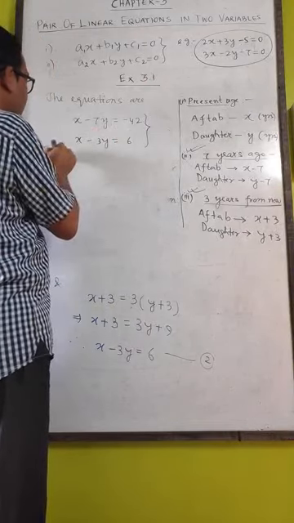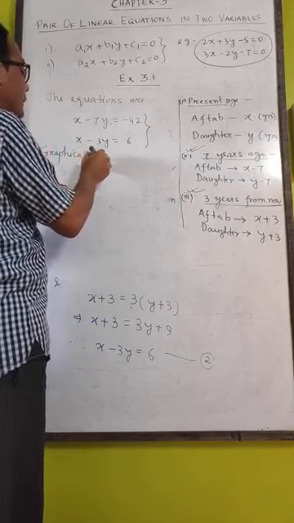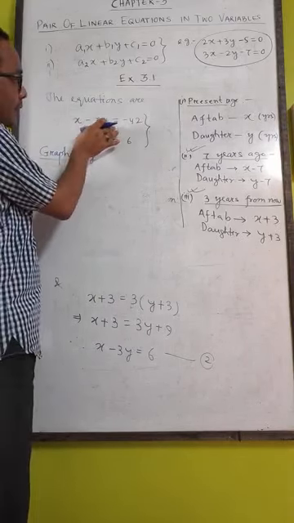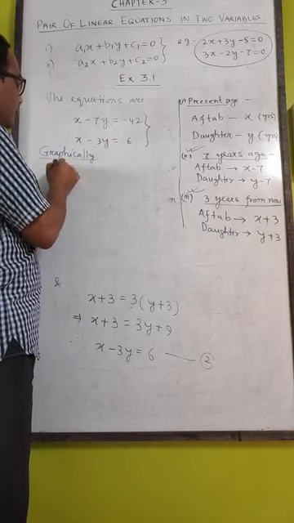Next, let's go for graphical solution. Graphically, after getting these 2 linear equations in 2 variables, let us draw the graph of the first and let us draw the graph of the second. Now, equation 1.